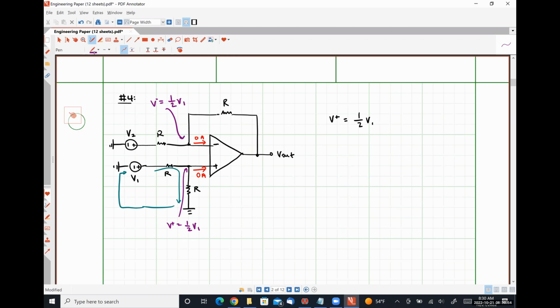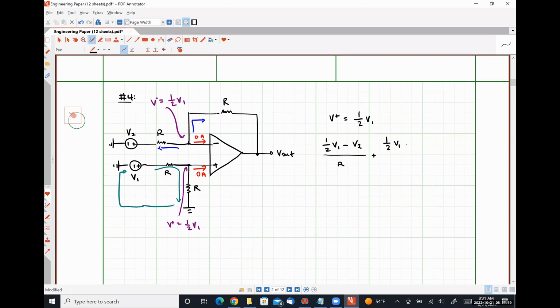If we apply Kirchhoff's current law, adding this current plus this current together, what we will get is 1/2 of V1 minus V2 divided by R plus 1/2 of V1 minus V out divided by R is equal to 0.